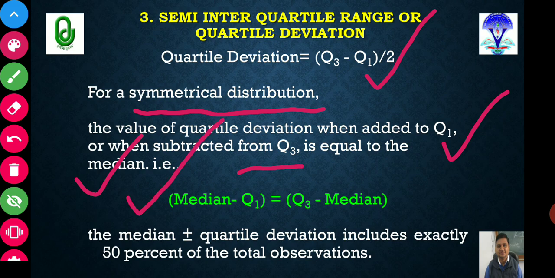In other words, it can be presented as median minus Q1 is equal to Q3 minus median. So this is the fact about the semi-interquartile range or quartile deviation.